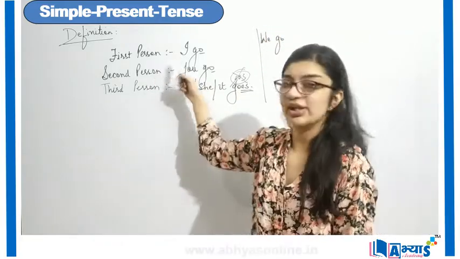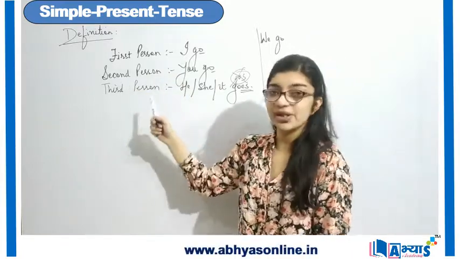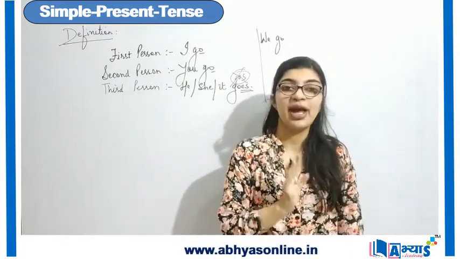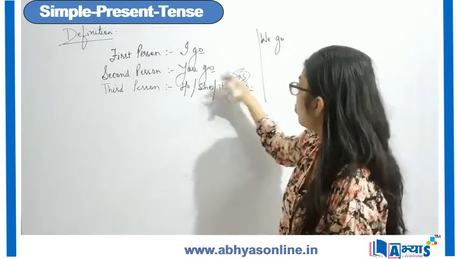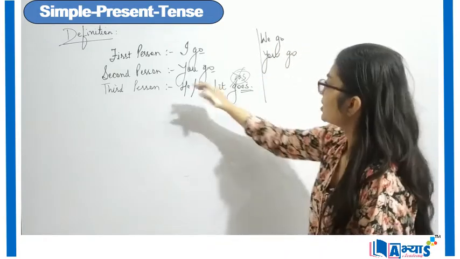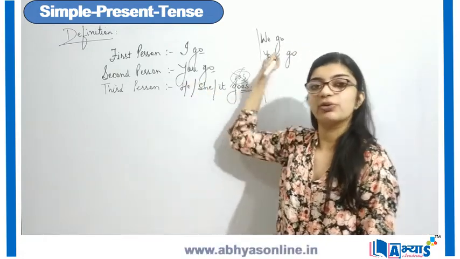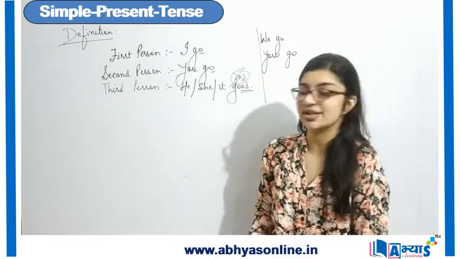We go, the first person but in a plural form. The second person in singular form as well as in plural form is the same. There is no change. You go, you go. There will be no change in the sentence.